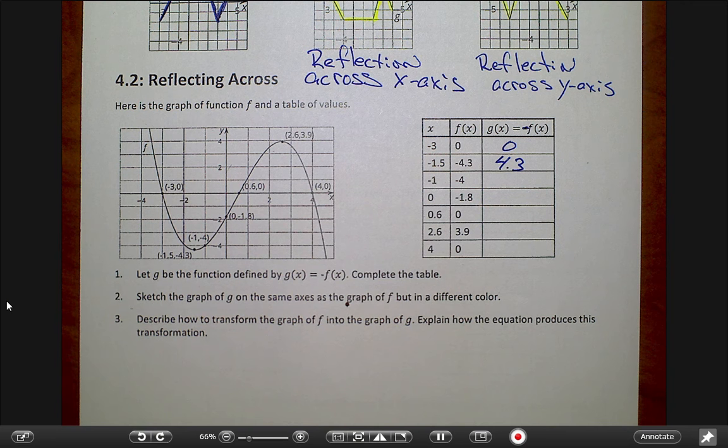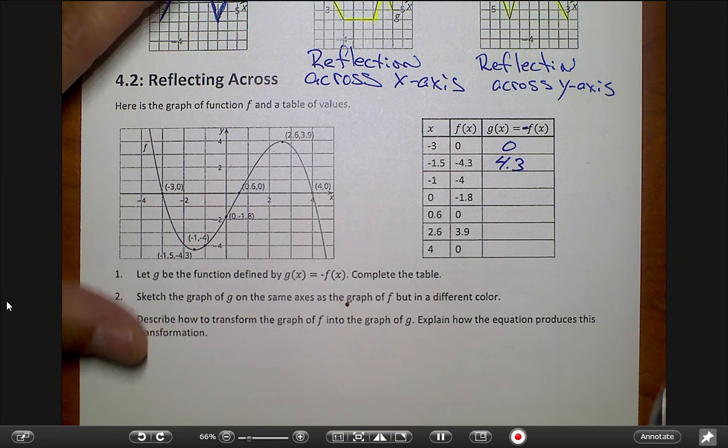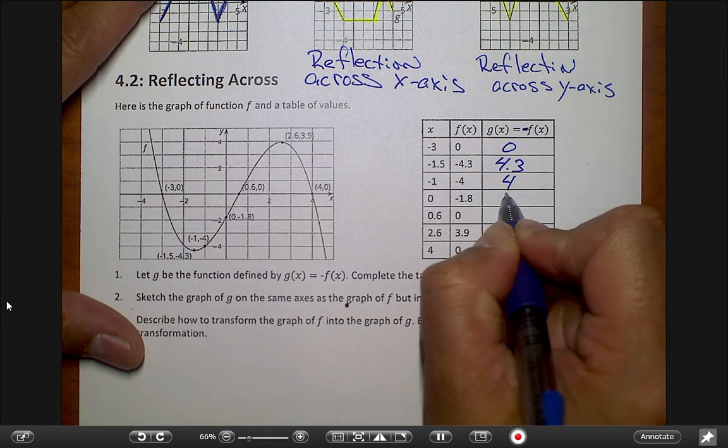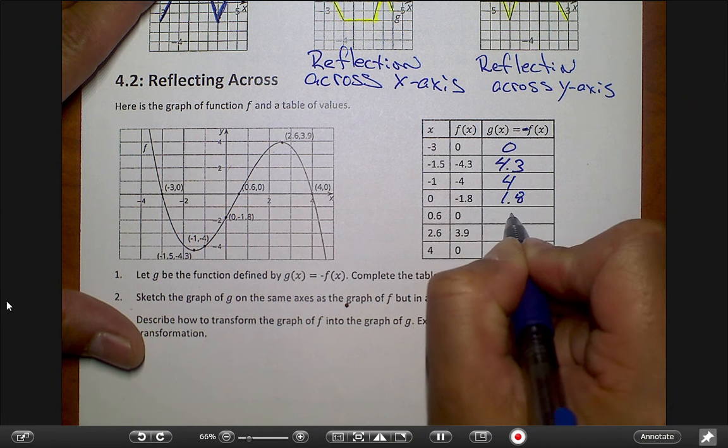It should be pretty easy here. All right, let's read off what we should have.